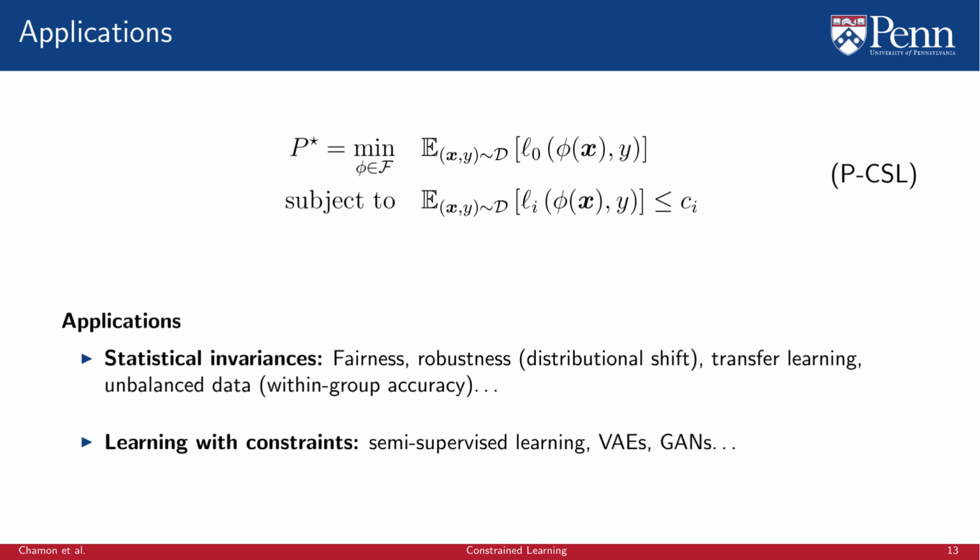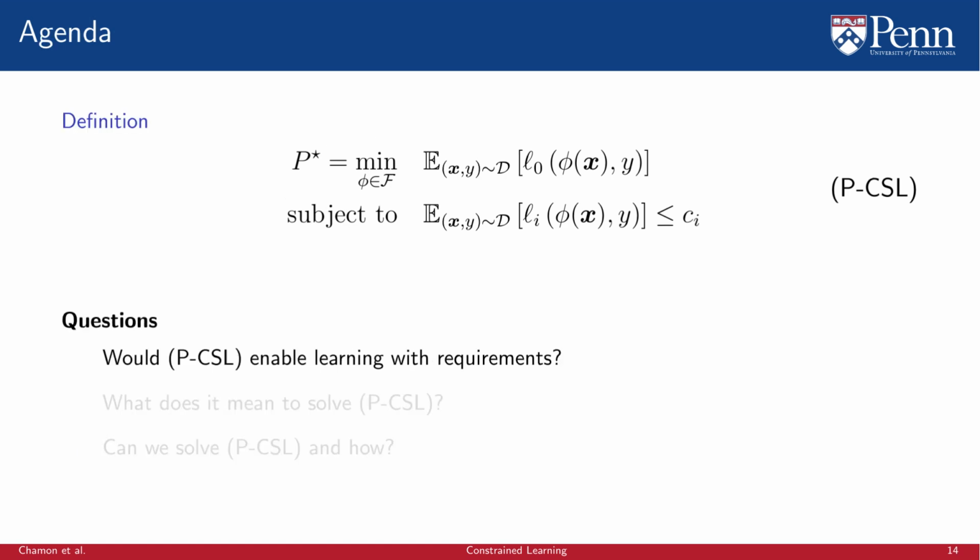And there are also many learning tasks that can be posed as constrained optimization problems like semi-supervised learning or training autoencoders and generative adversarial networks. So developing a theory of constrained learning would also help to ground some of the reformulations and approaches that people use to tackle these problems in practice. So it would seem that yes, constrained learning problems could be used to impose requirements on data-driven solutions. We just don't know how to solve these problems.